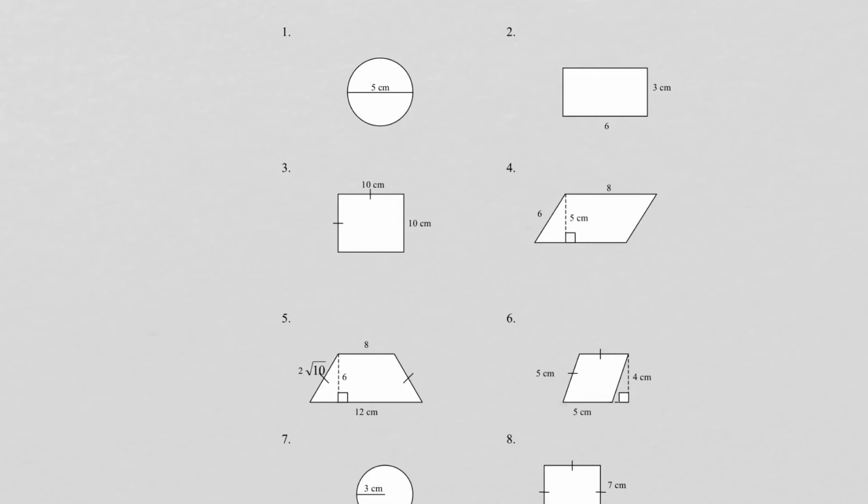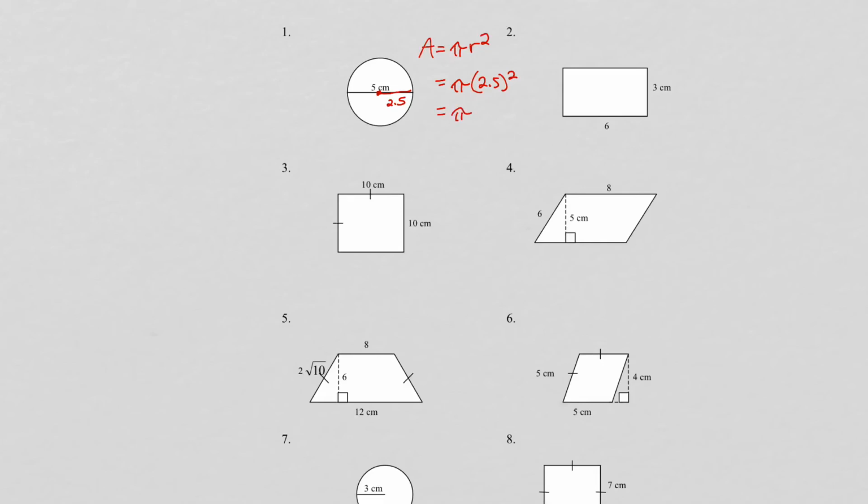All right, so we know that the area is this formula. We don't have the radius, so we have to cut this in half, which is 2.5, just divided by 2. So this is going to be pi times 2.5 squared. You can just type that all in your calculator.